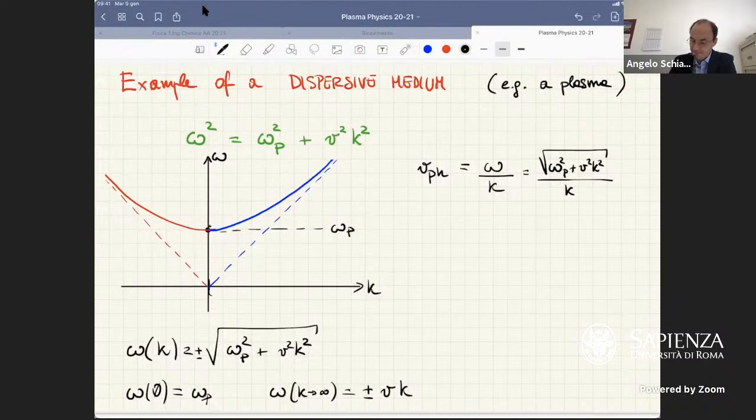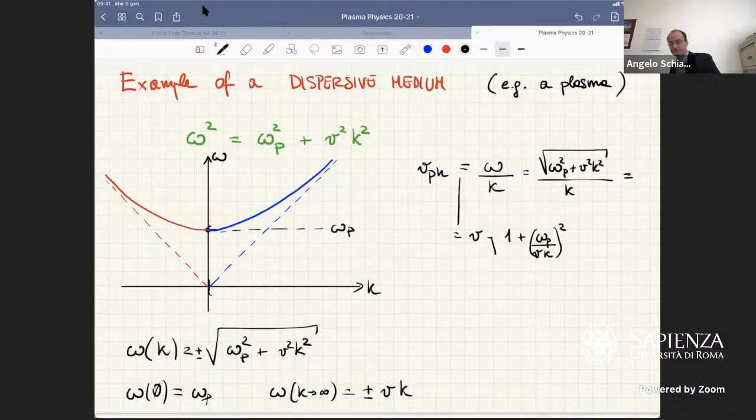We can write it as a function of k: we take out one v, the speed of the wave, and what remains is the square root of 1 plus omega p divided by v times k, squared.